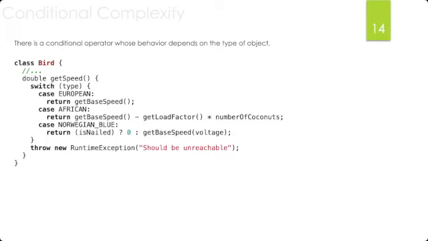Maybe you have an idea how we can remove this switch and all these conditions and use another method to determine the behavior. Yes, you can tell your idea. You can think a little.